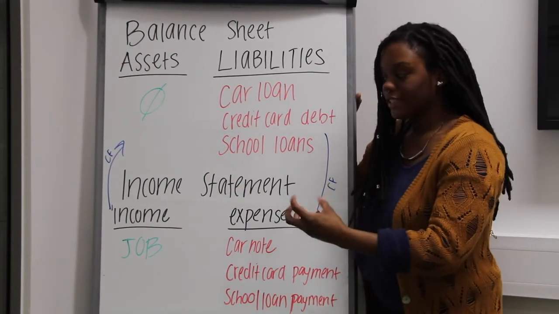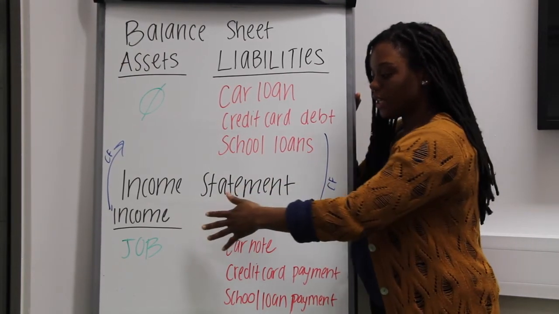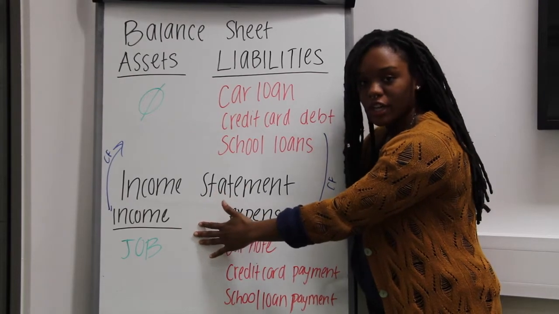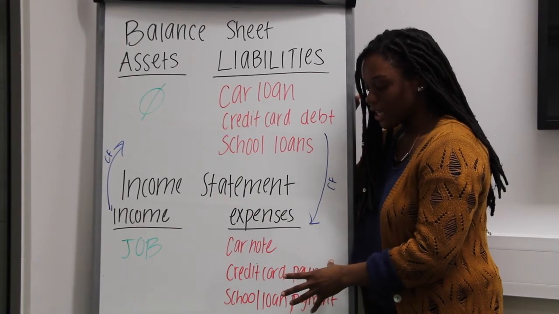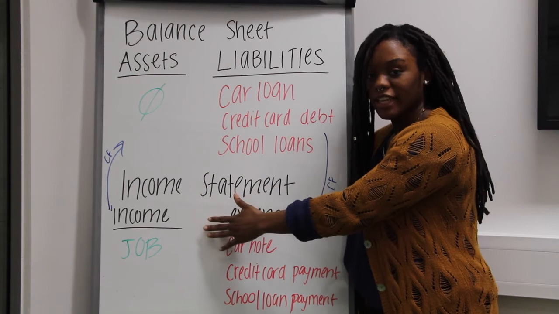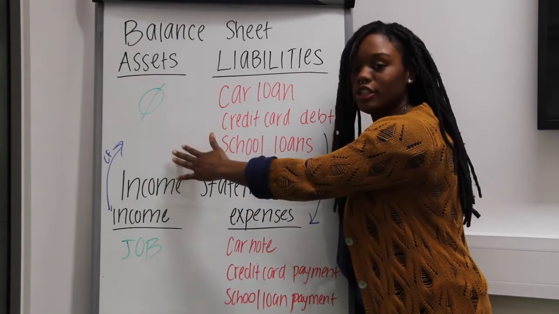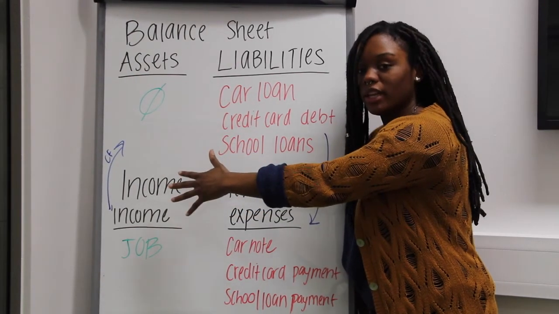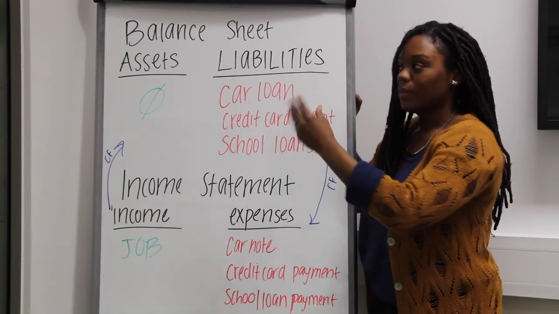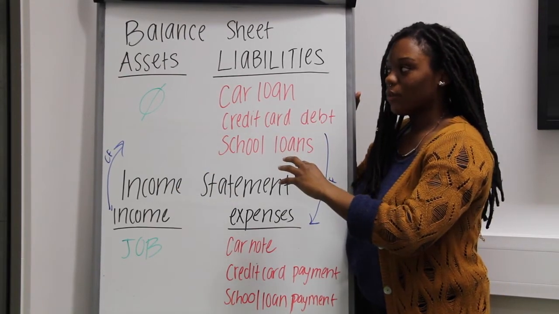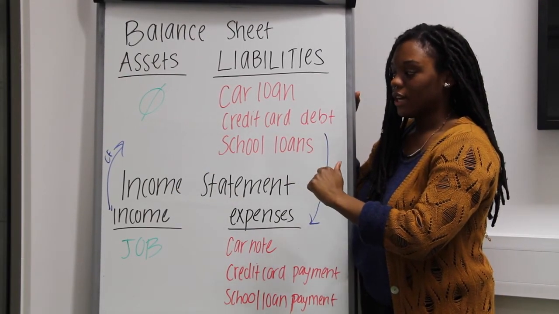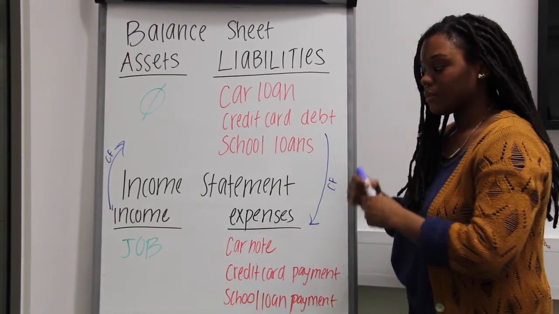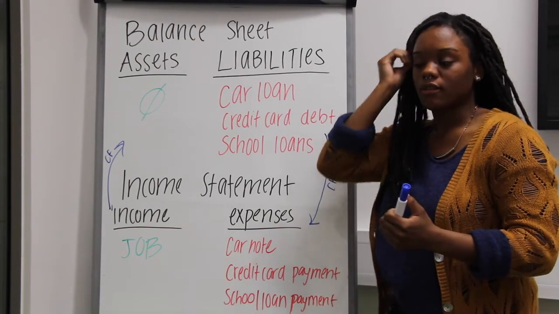What I basically wanted you to see is my income covering all of my expenses, and is there extra income at the end of the month that I can turn into an asset to make money for myself? This is a simple format that I wanted you guys to see and follow, so that way you can do it easily at home by yourself.